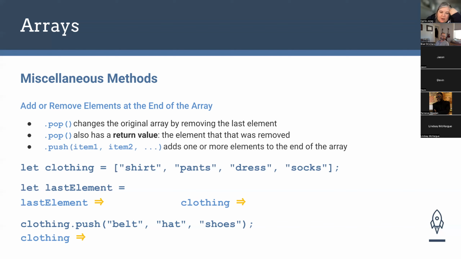Push is the opposite. Push is where you add one or more elements to the end of the array. So you can give it as many things as you want to add all at once. So we've got clothing equals shirt, pants, dress, socks. What if I wanted to remove socks, what would I do?